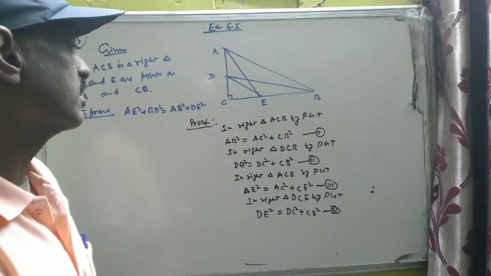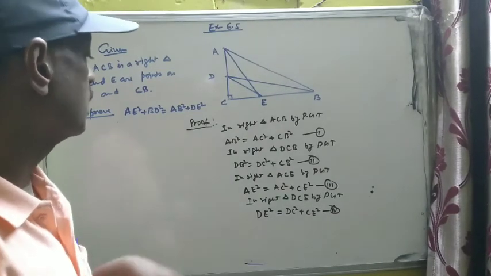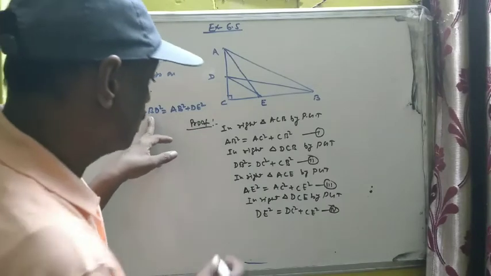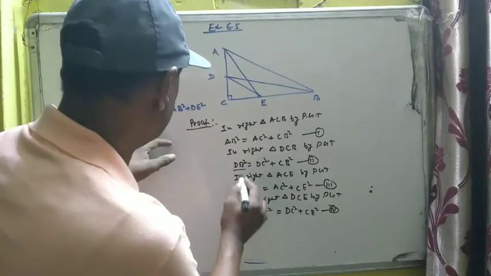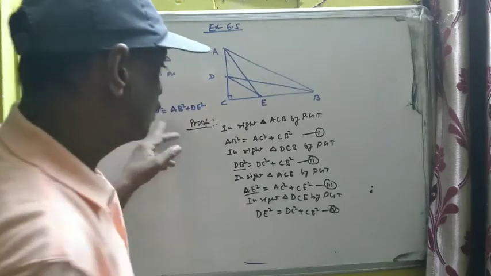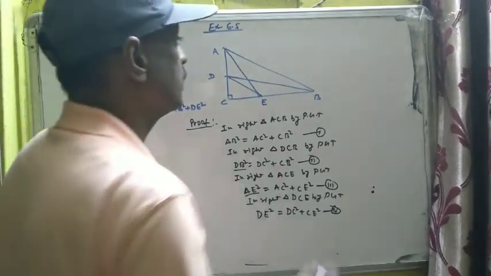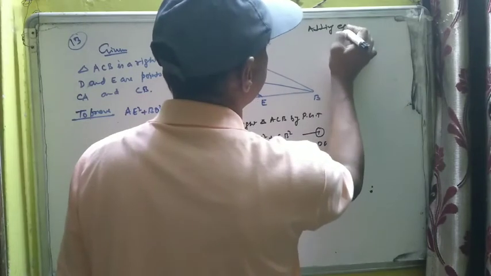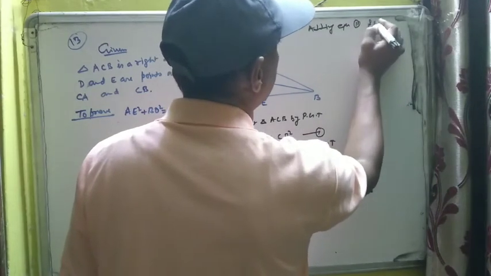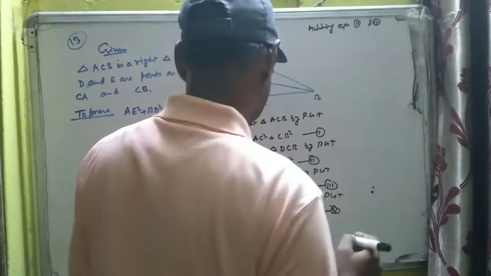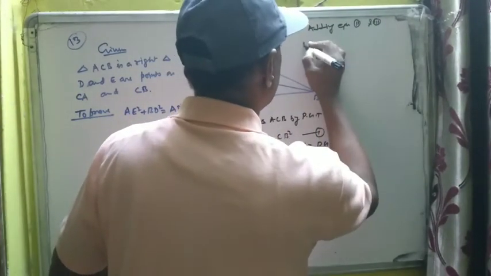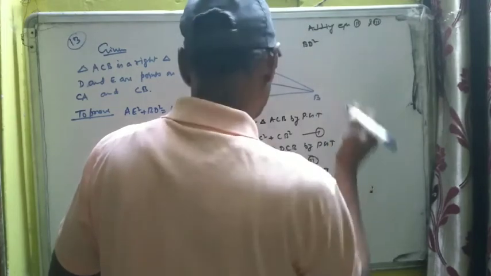We will add these equations to get the desired result. Just see here, AE square plus BD square. So this is BD and this is AE. So we will add equation 2 and 3. Adding equation 2 and 3. In equation 2 it is written that DB square, so BD square or DB square is the same.